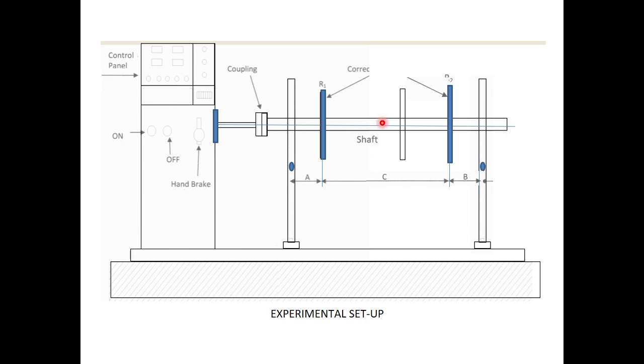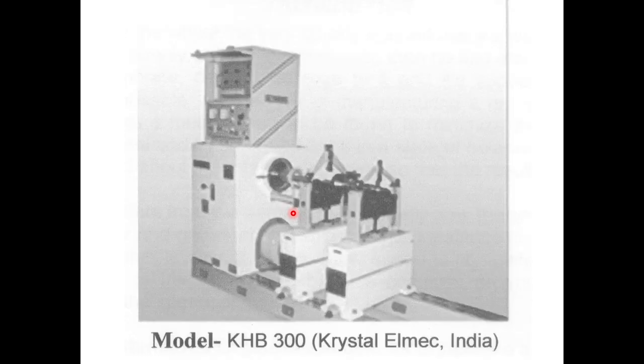Now, where would the vibration be maximum? We cannot measure it on the rotating element itself. So on the shaft or on the disc, we cannot put any sensor. The sensor has to be fixed on a fixed part. So where will it affect most? On the bearing stand. So these two bearing stands contain these sensors.